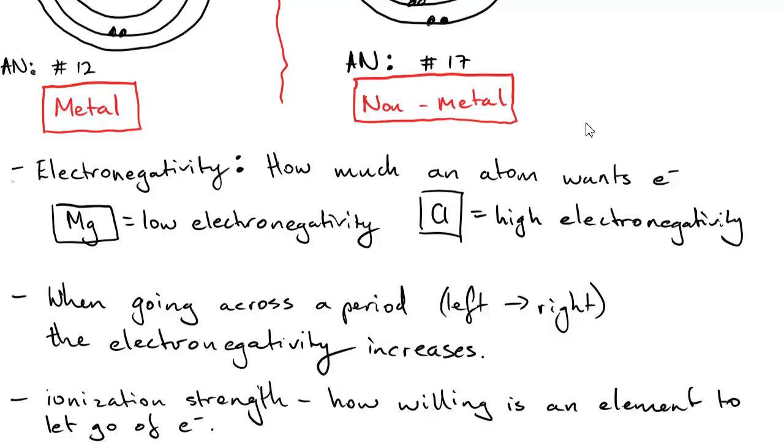You're going to have to put in a lot of energy to extract all 7 of those electrons, and it's actually going to get harder and harder to pull them away because there's such a strong electrostatic attraction to the core of the nucleus. On the other hand, magnesium doesn't have a very high ionization. The energy to extract an electron is not high. Okay, so that's another very important concept.